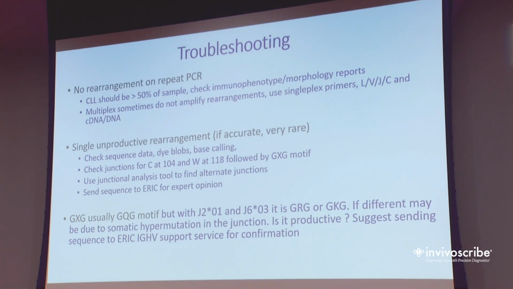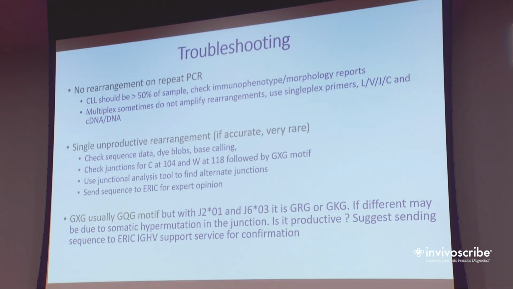Single unproductive rearrangement is usually very rare. And what I usually find is it's usually something to do with your data editing. Your junctions, as I said, check those. If you've got a problem, ERIC, just like Clonality, they have online services where you can send them. For ERIC, you send them the whole sequence and you write what's the problem, and they'll have their experts look at it.